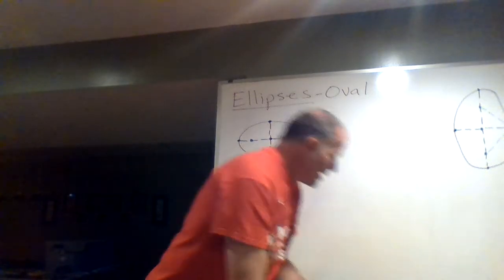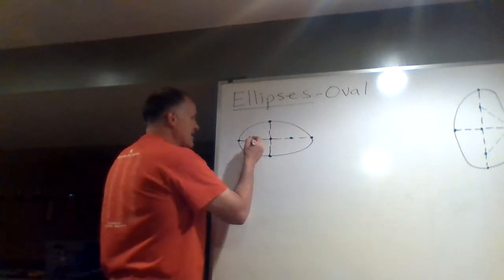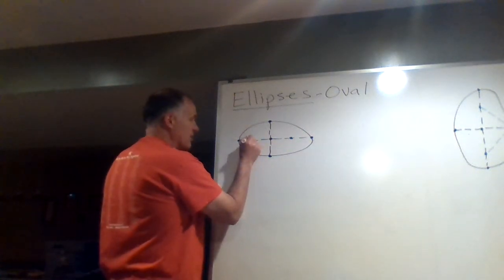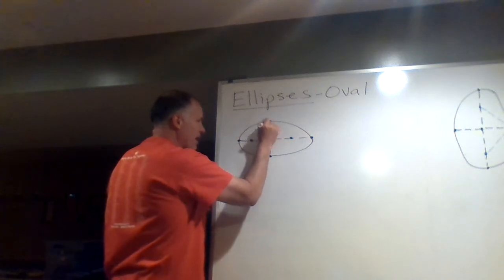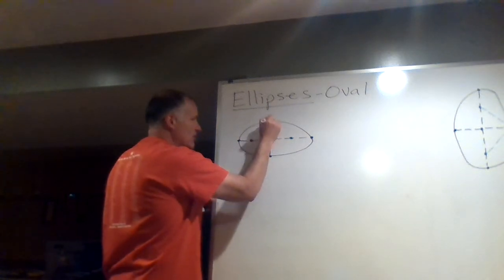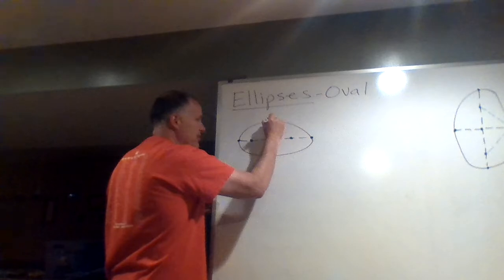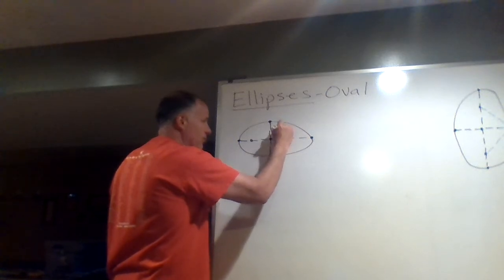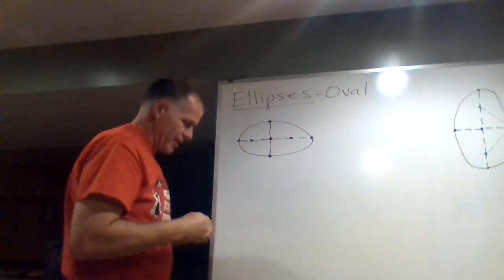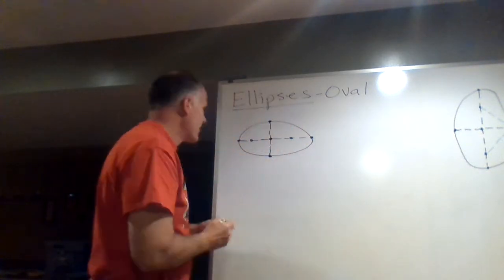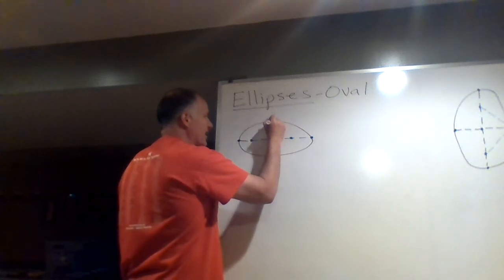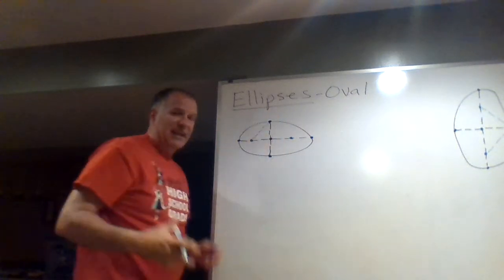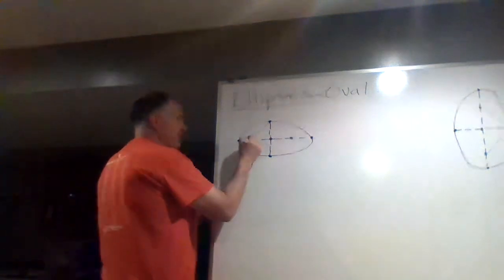Let me grab another color. Okay, what that means, guys, is if I had a sound or light and it shot up to here, it would reflect, or the sound would go right down to the other focal point. That marker's dry. Bummer. Okay, let me use my blue. So again, if I went up to that dotted line right there, it would bounce, whether it was light or sound, from this focal point.